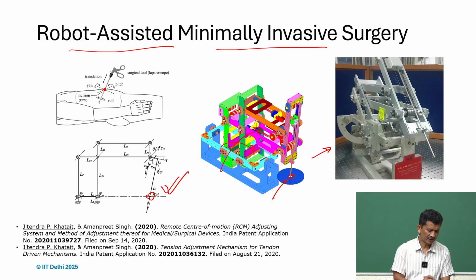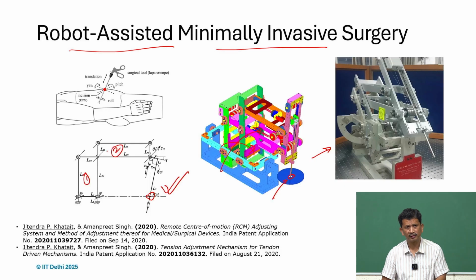But the basic premise and basic assumption is these two parallelograms, 1 and 2. These have to be parallel. The link length, everything has to be right. But when it comes to production and manufacturing, we realize that yes, we are limited by tolerances.